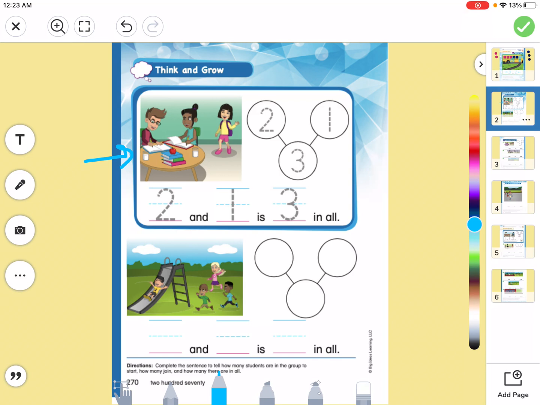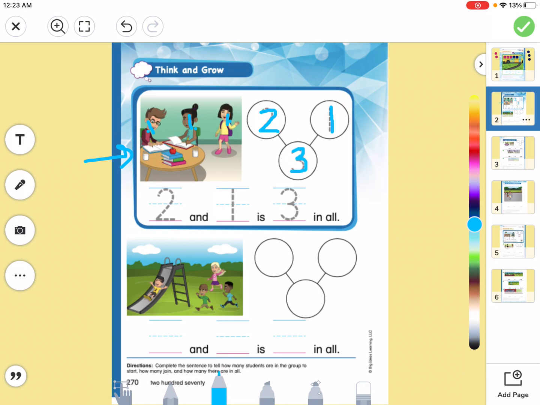We have 2. So 1, 2. So 2 students are sitting at the table. So that's our part. How many students are walking in? 1. 1 right here. Okay, so how many students do we have all together? 1, 2, 3. So 3 is our whole. 2 and 1 are our parts.